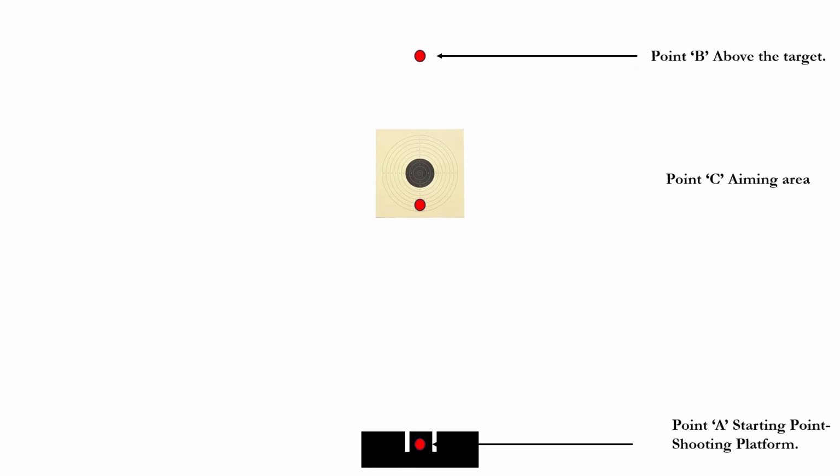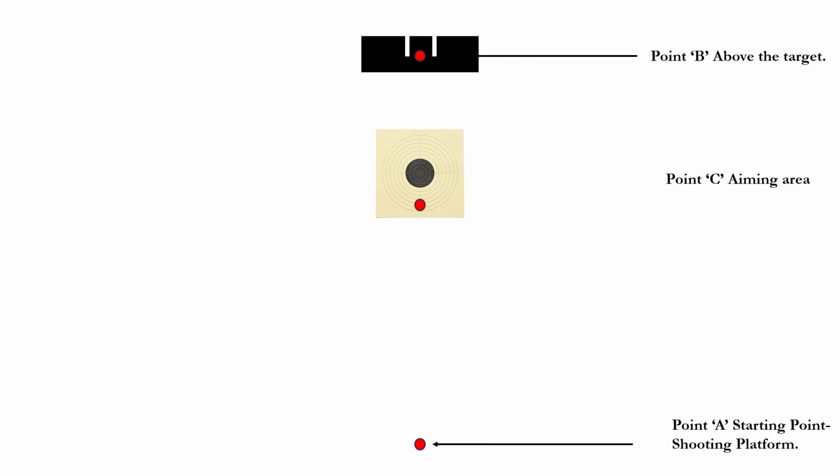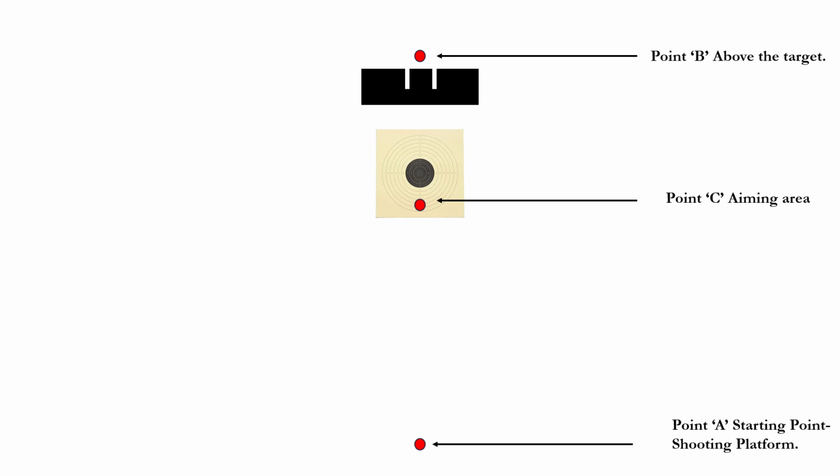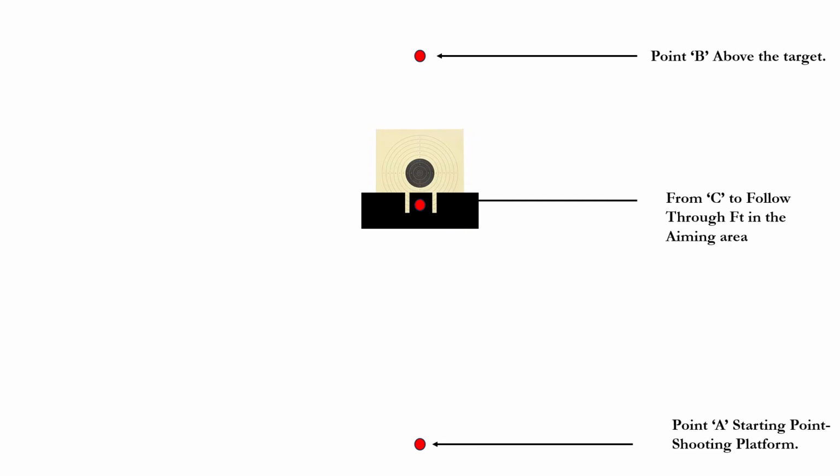So the path is A, firing platform, B, point above the target, to C, which is the aiming area, and till follow through. A to B to C to FT.